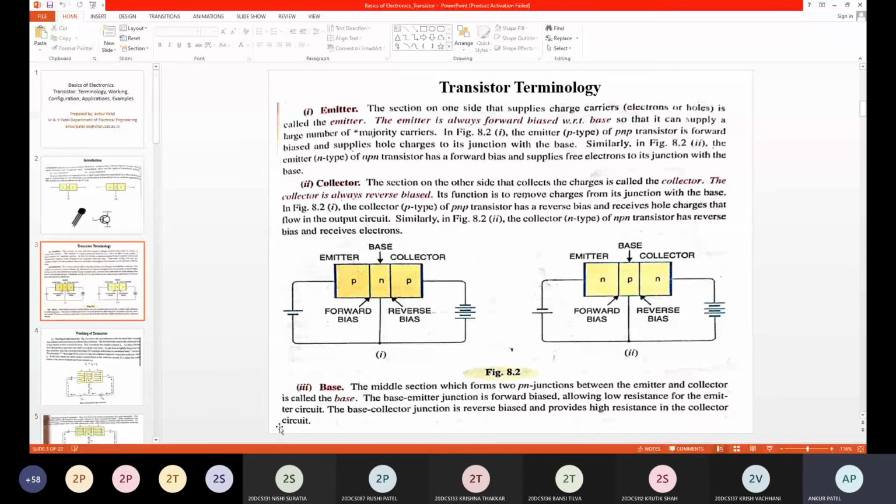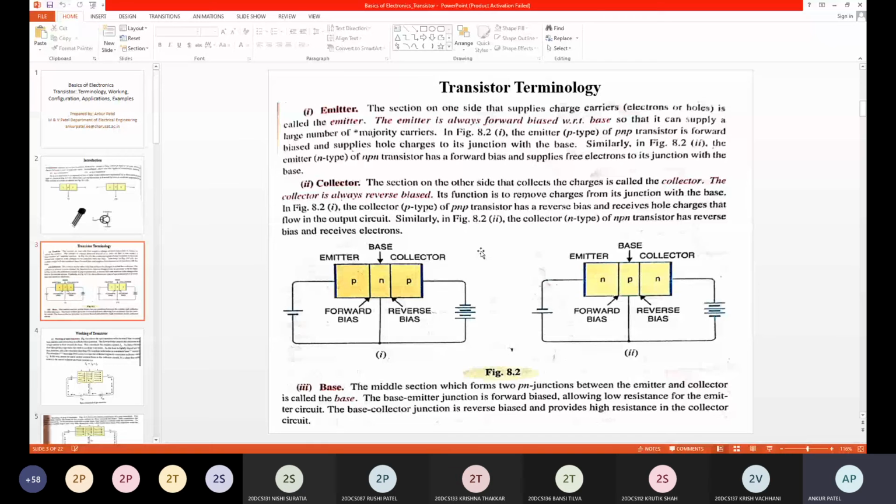Okay, so the emitter is highly doped, the base is lightly doped, and the collector is moderately doped. According to this doping, we have the IE, IB, and IC values. That's why the emitter is highly doped.